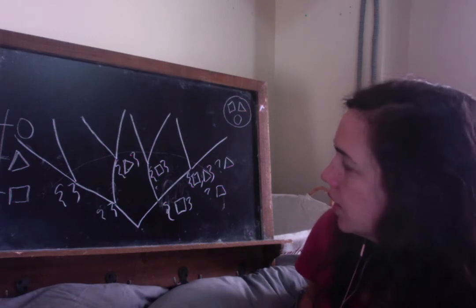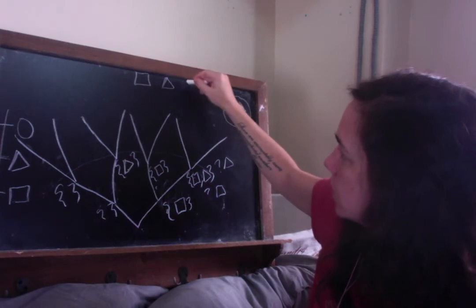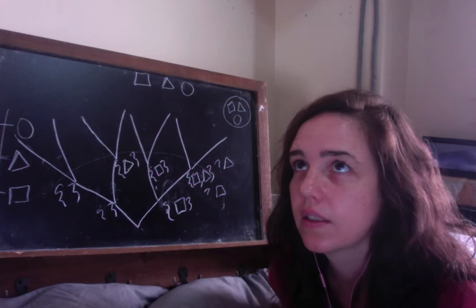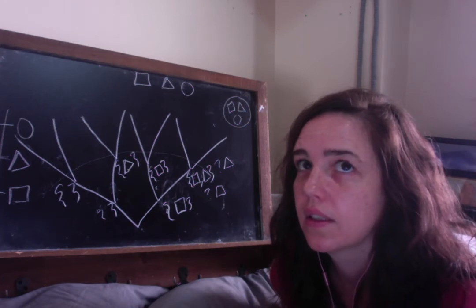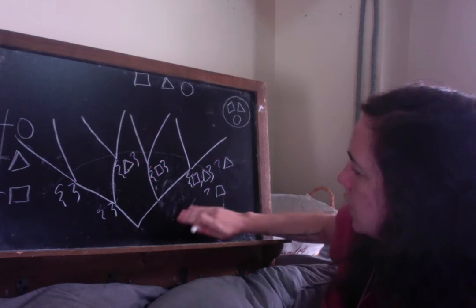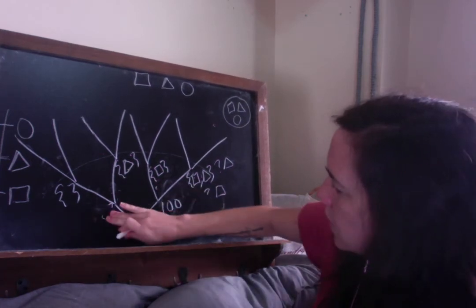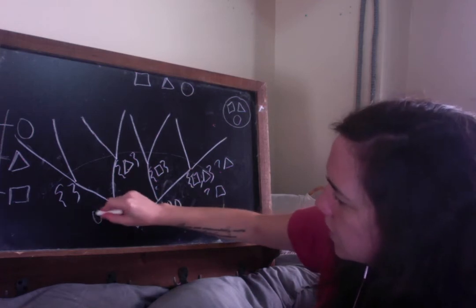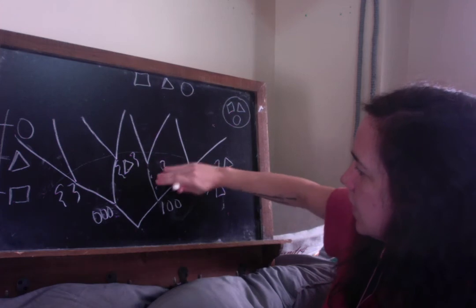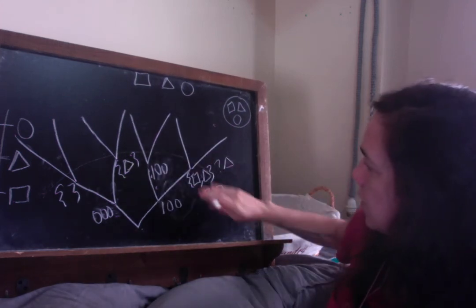Okay, so you might think this is the ordering: square, triangle, circle, as far as what subset it is. So I'll call this one 1, 0, 0. We'll call this 0, 0, 0. And then to the left, 1, 0, 0. And to the right, 1, 1, 0.